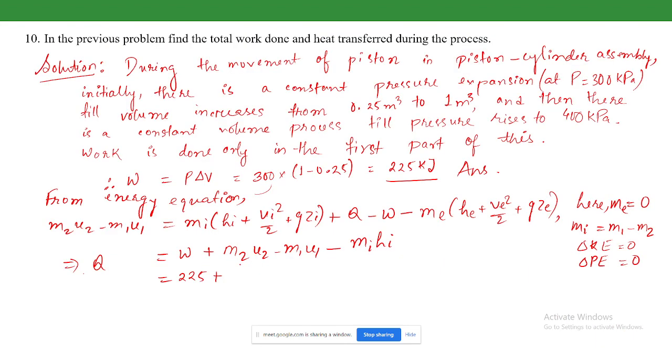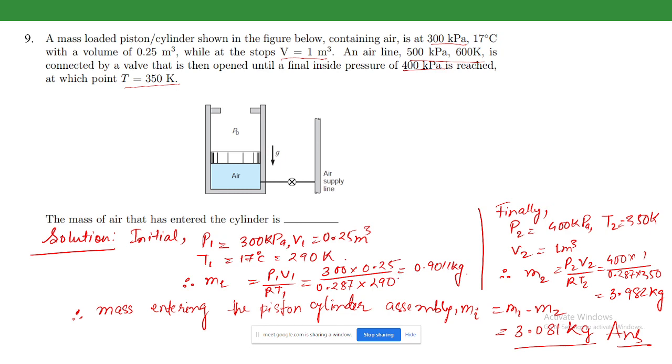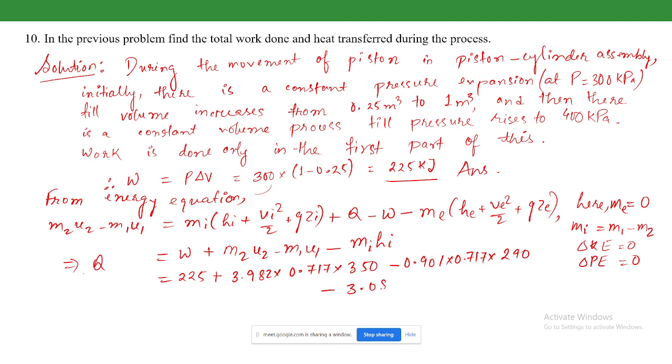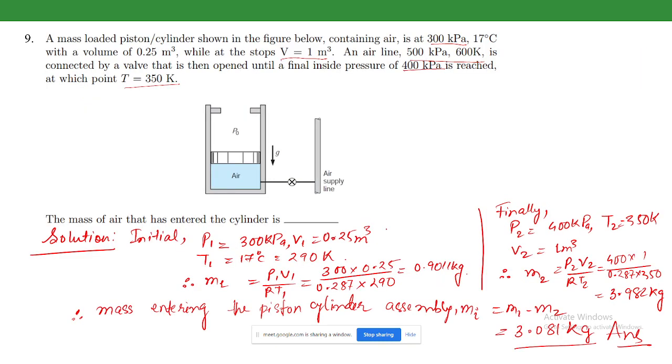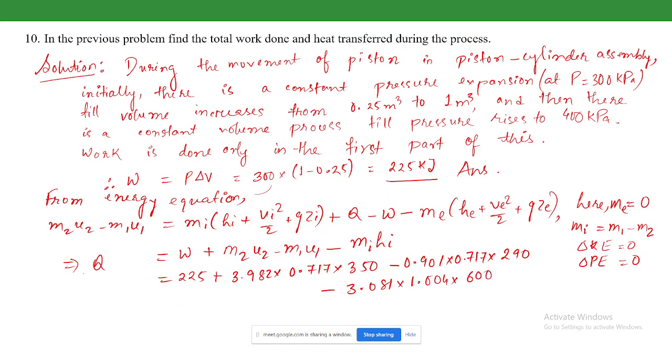Mass m2 is 3.982 into 0.717 into the final temperature inside, 350 Kelvin, minus 0.901, this is the initial mass, into 0.717 multiplied by the initial temperature, 290 Kelvin, minus mi, which is m2 minus m1, we have found out, that is 3.081, multiplied by Cp, which is 1.004, into the temperature of the air supply line, that is 600 Kelvin.